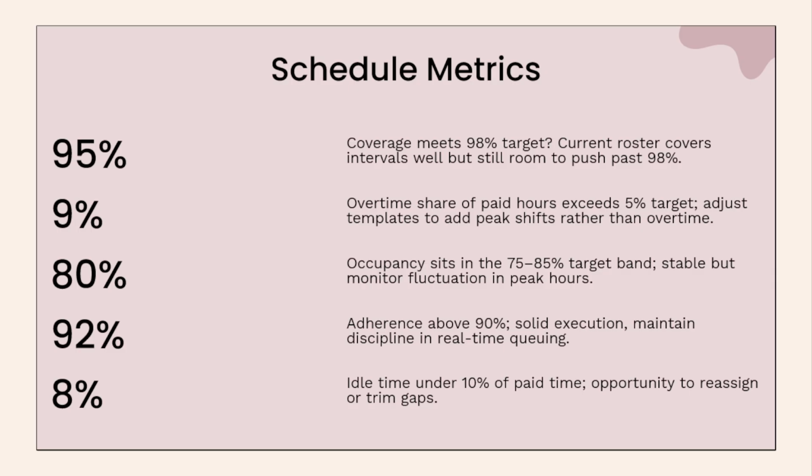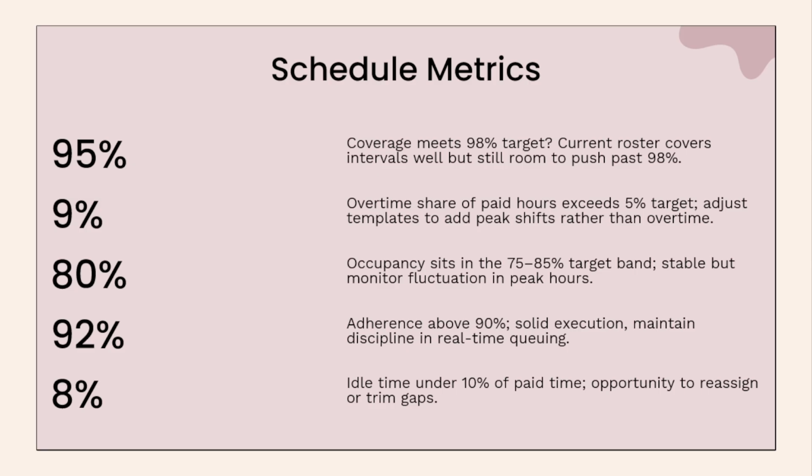Okay, adherence above 90% is solid execution, maintain discipline in real time queuing. If my adherence is above 90%, 95%, it means people are coming according to their shift. So it means we have created a good schedule. And my idle time should be under 10% of paid time.